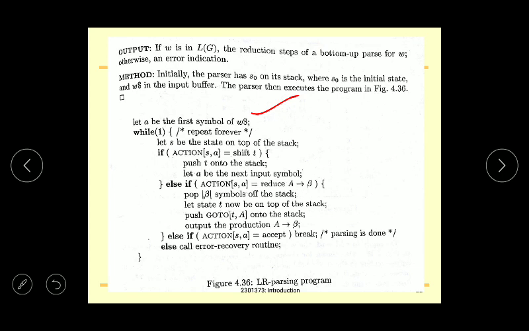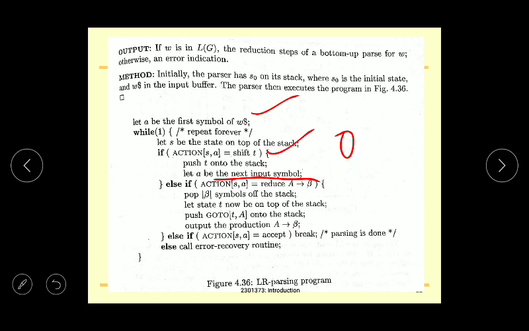Now if the action is shift, like 0 on S is shift, then push that symbol onto the stack and advance the input pointer. Let A be the next input symbol. If the action is reduce, then we have to take care to pop some symbols from the stack.